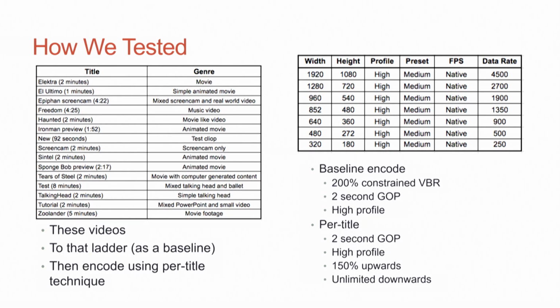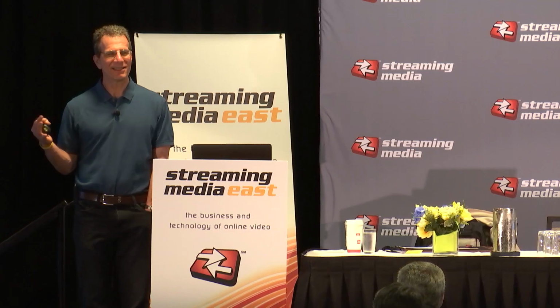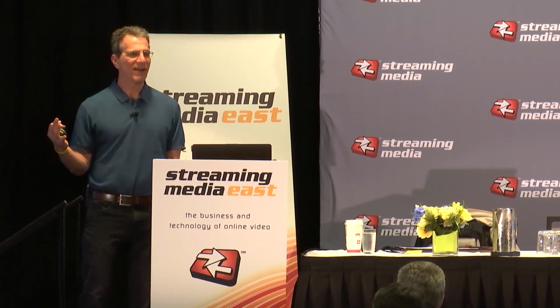So how do I test per title encoding technologies? There is no right way or wrong way to test anything. This is kind of just how I evolved. I basically just had a bunch of clips on hard drives in my office. I said, well, let me throw these clips at the technologies and see what they did. And I wanted to include clips like movie clips.